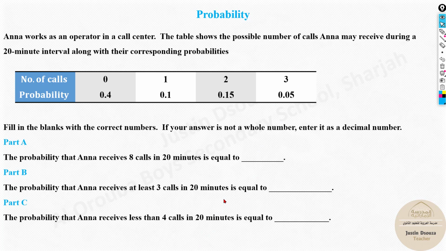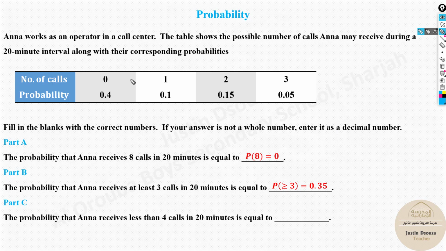Now the probability that Anna receives at least 3 calls in 20 minutes. Okay, this we can solve easily. And then the probability that Anna receives less than 4 calls in 20 minutes. Okay. Less than 4 calls and at least 3 calls, they are two different things. Probability of 8 calls, not mentioned, it's 0. Now, what is this at least 3 calls? At least 3 calls means 3 or more. So now, one second.